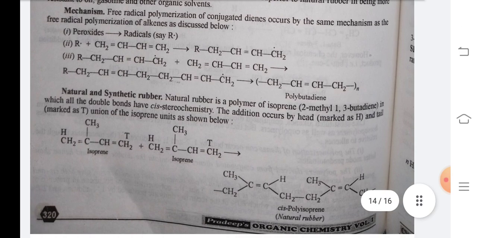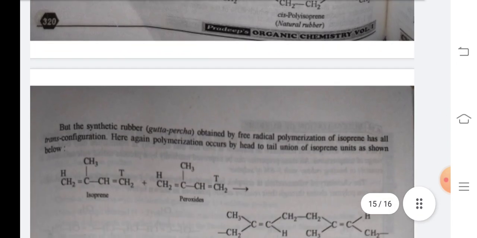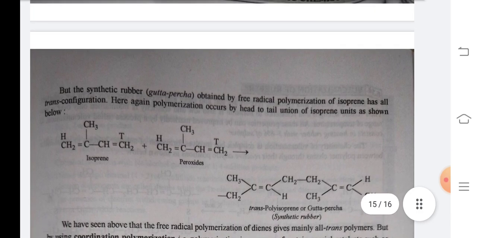Natural and synthetic rubber. Natural rubber is a polymer of isoprene in which all the double bonds have cis stereochemistry. The addition occurs by head and tail union of isoprene units as shown. But the synthetic rubber obtained by free radical polymerization of isoprene also has trans configuration.